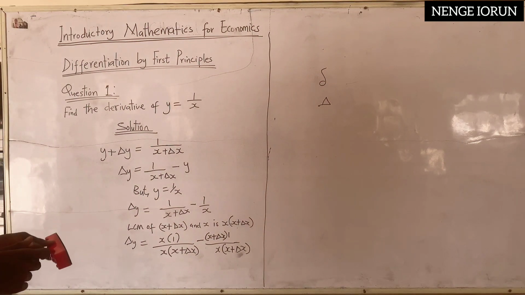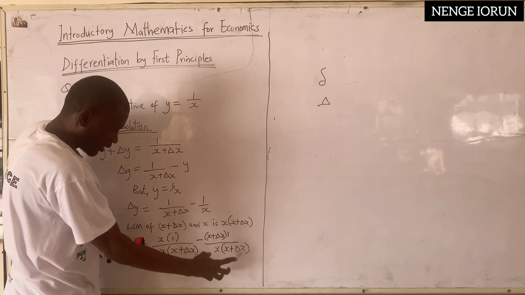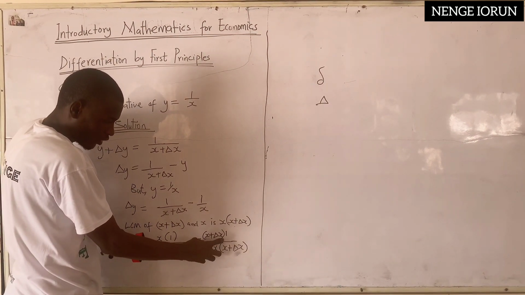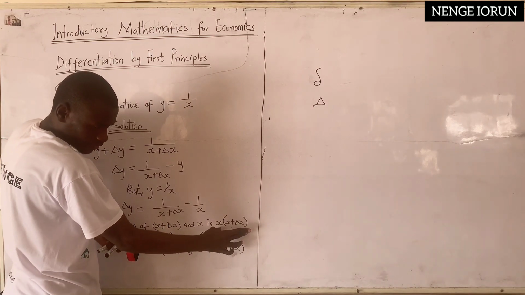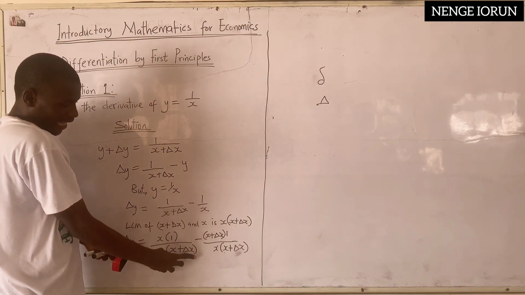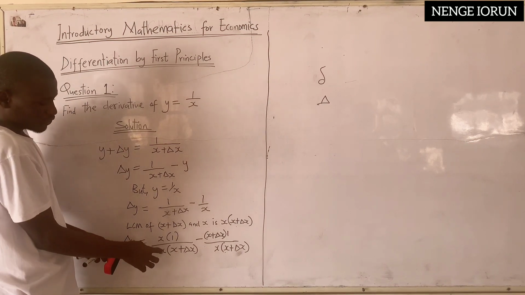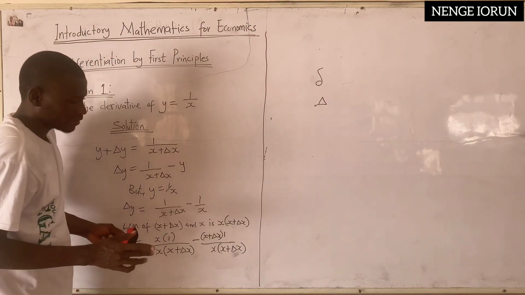Now you discover that the difference between this term and this one is the presence of x plus delta x. The difference between this term and this term is the presence of x down and up, so that you have the LCM. That's the difference.